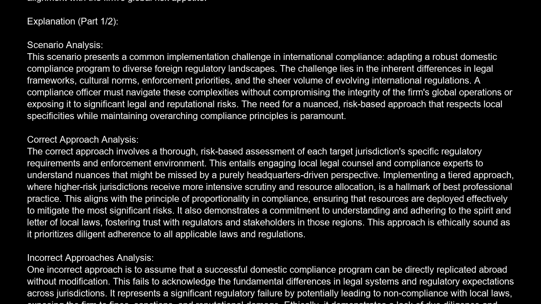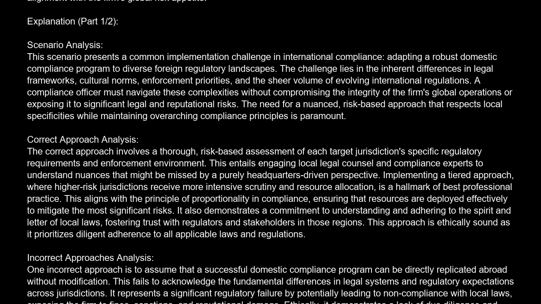Correct approach analysis. The correct approach involves a thorough, risk-based assessment of each target jurisdiction's specific regulatory requirements and enforcement environment. This entails engaging local legal counsel and compliance experts to understand nuances that might be missed by a purely headquarters-driven perspective. Implementing a tiered approach, where high-risk jurisdictions receive more intensive scrutiny and resource allocation, is a hallmark of best professional practice.